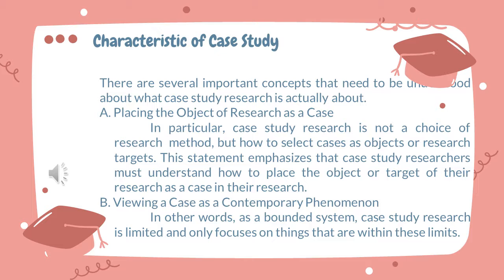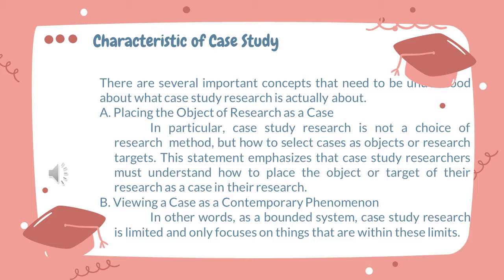Secondly, characteristics of case study. There are several important concepts that need to be understood about what case study research is actually about. First, placing the object of research as a case. The uniqueness of case study research is that there is a way of looking at the research object as a case.